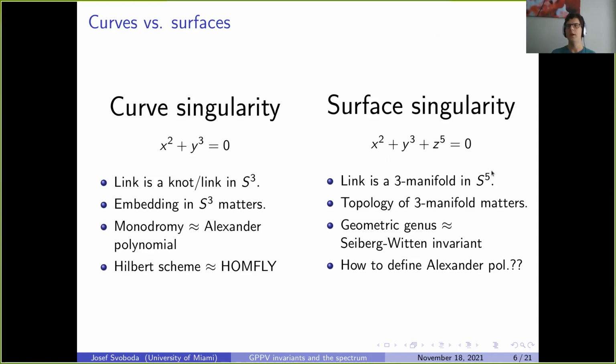And it is not really clear how to use this embedding into S5. Of course, when I first saw it, I thought we should use this embedding, because this is what we have in the curve singularity. But the problem is that there is no clear way to define the Alexander polynomial in this case.